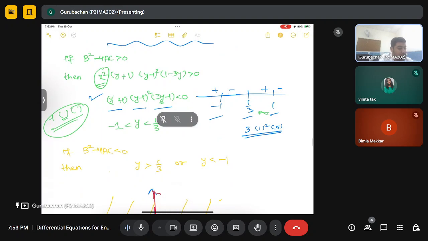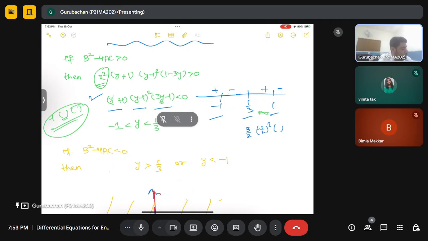So the sign should be here negative. The same way when you lie between 1 by 3 and 1. So let us check for 1 by 2. We will check for 1 by 2, it will be 3 by 2, it will be 1 by 2 whole square, or you can say minus 1 by 2 whole square. It doesn't matter. You will put 1 by 2, it's again positive.